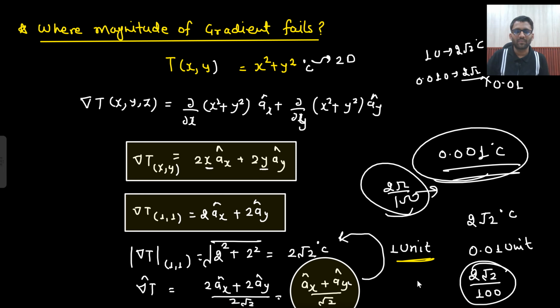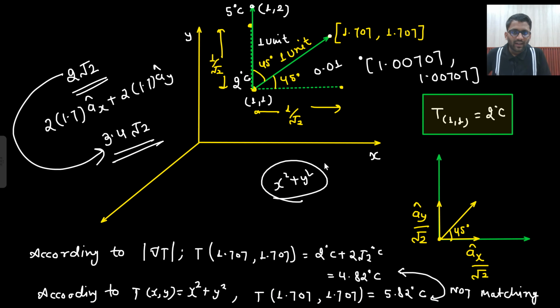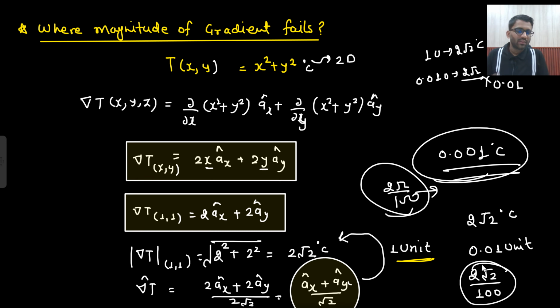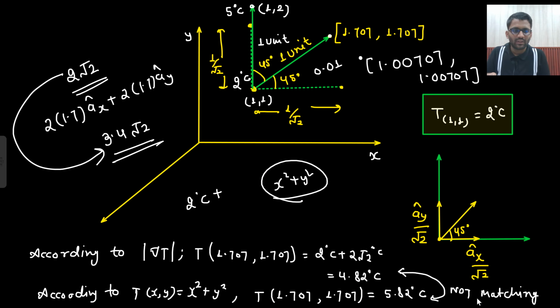Are you getting this point? What I am saying is, here I have 2 degrees Celsius temperature at 1, 1. So how much should it change? 2 root 2 divided by 100, so it should change by 0.028. Initially it was 2 degrees Celsius, so it should go to 2.028 degrees Celsius.